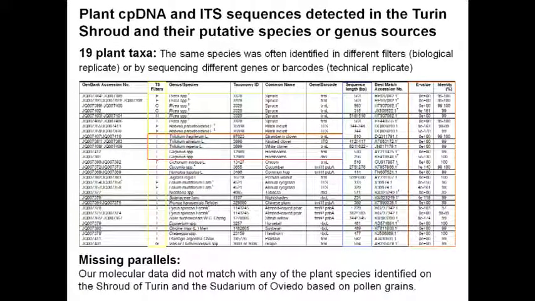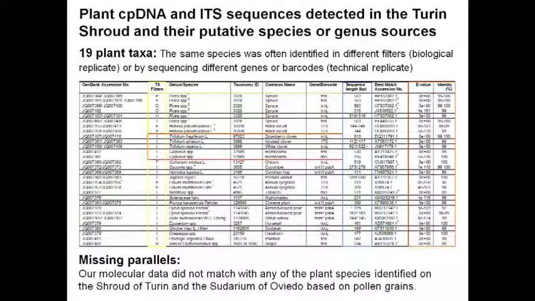Most importantly, the same species was often identified in different filters of the shroud, a sort of biological replicate, like, for instance, Norway spruce or black locust. The same species was also identified by sequencing different genes or different barcodes, a technical replicate, like, for instance, clovers and hornbeams.